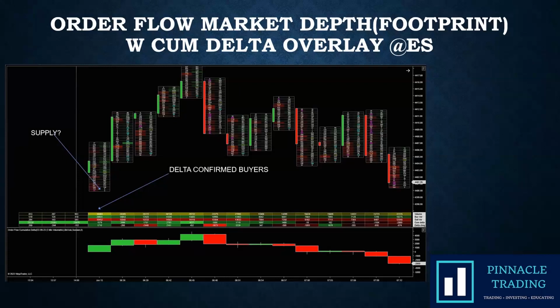Now this chart shows about a 17-point range, guys. From that low of 44.01, I would say price reversed and went up to 44.17, further than that. So that was a 17-point range just based on supply and delta.